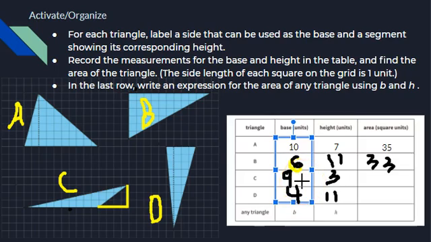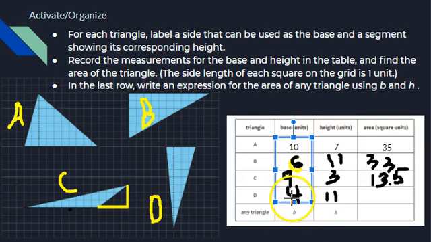So I've got a base of 9 and a height of 3, which gives me 27, but it should be half of that. So half of 27 is 13 and 5/10.